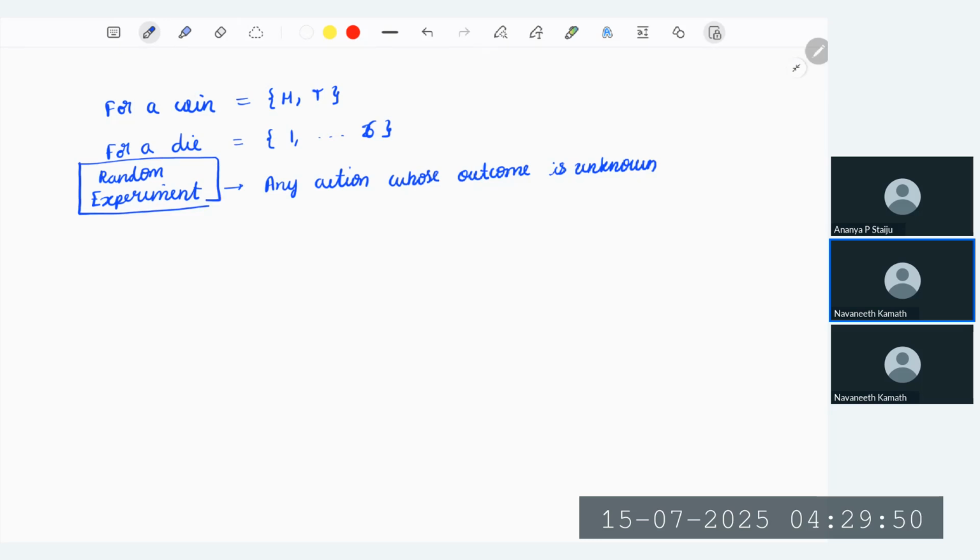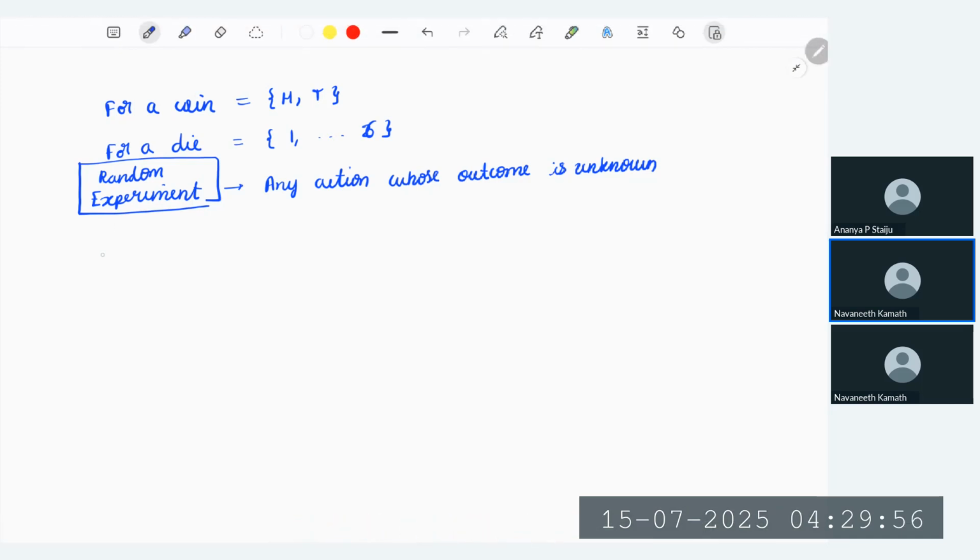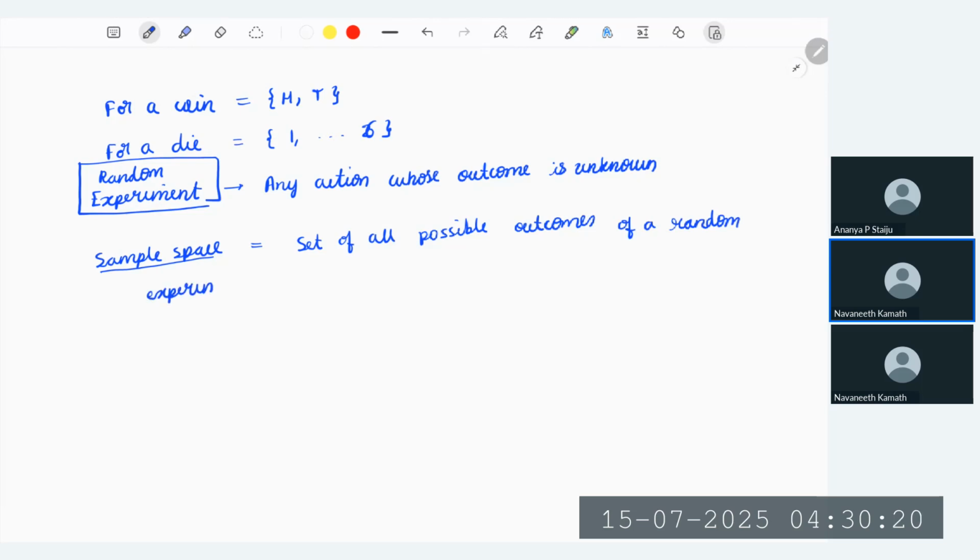Next, so I have told you examples. Then we have something called a sample space. Sample space is the set of all possible outcomes for an experiment. So if I have the set of all the outcomes which are possible for a random experiment, it is called a sample space.